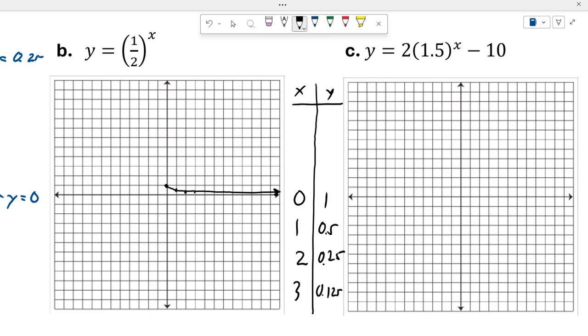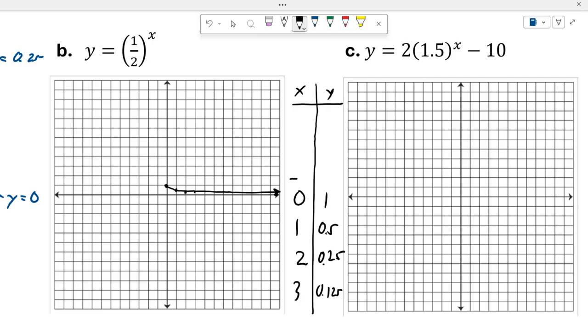And when you multiply by 1/2, you get a smaller number. So as you go to the right, you keep taking another half, another half, another half. So your value is going to keep getting smaller and smaller, but it will never equal 0, and it will never become a negative number. It's always just going to be a smaller and smaller positive number. So that's what the graph looks like going to the right.